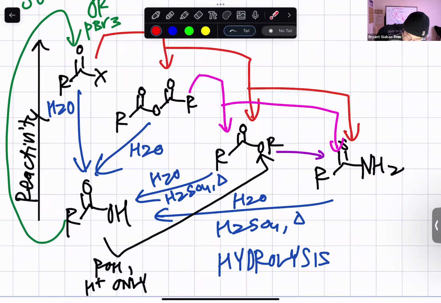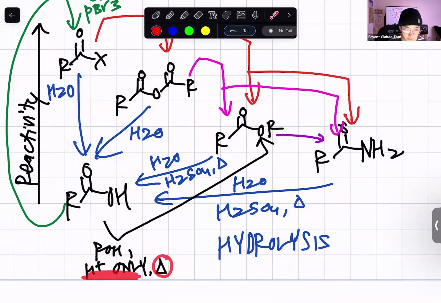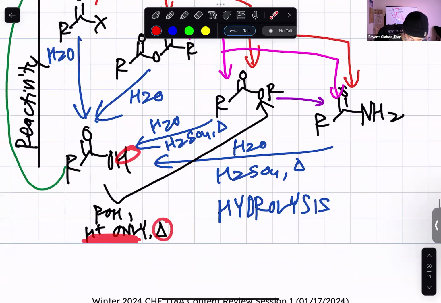The reason is that basic conditions would deprotonate that carboxylic acid to the carboxylate, right? And your professor might include heat. Some professors don't include heat. I'll have to see his notes to see what he wants. But this can only happen in acidic conditions, never basic conditions, because basic conditions would deprotonate this carboxylic acid.